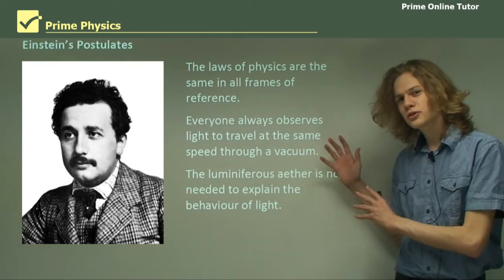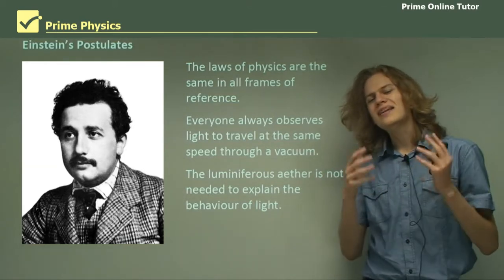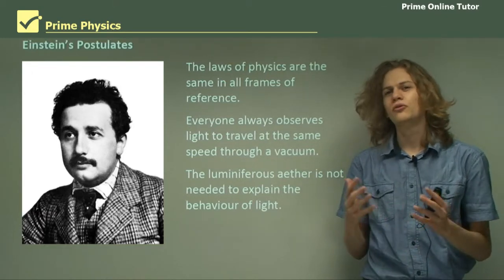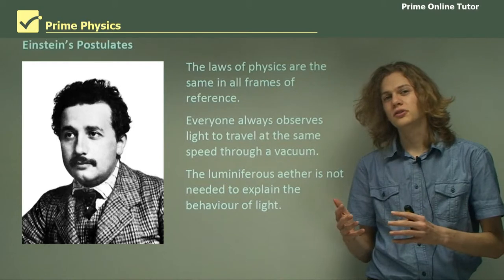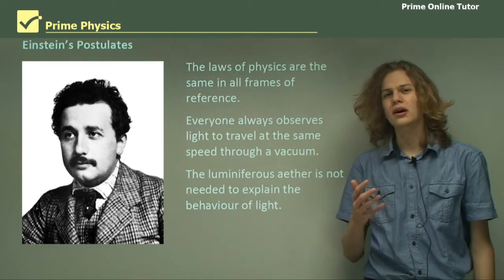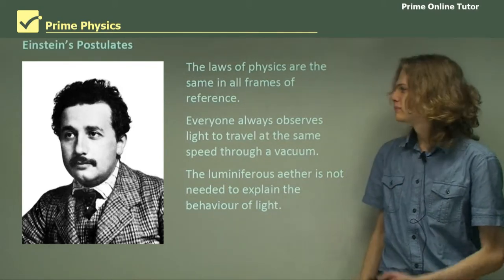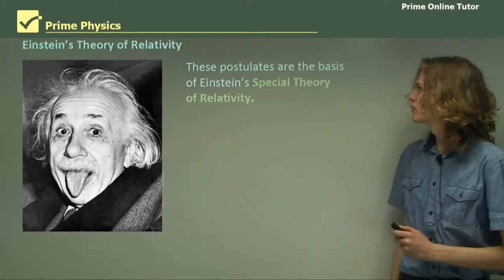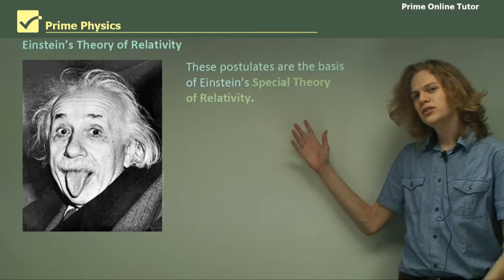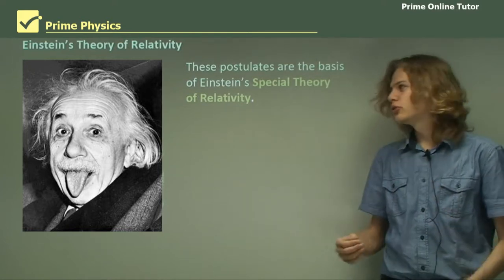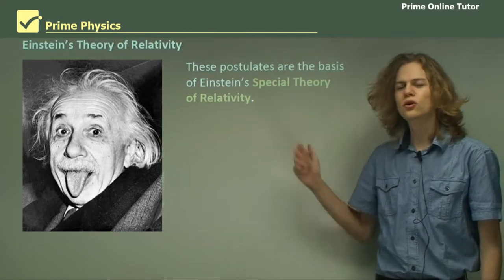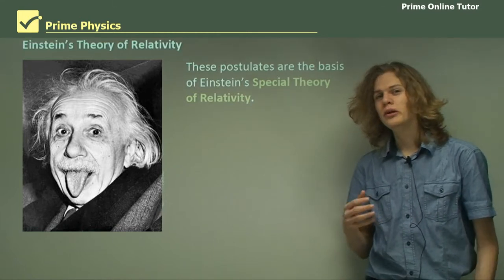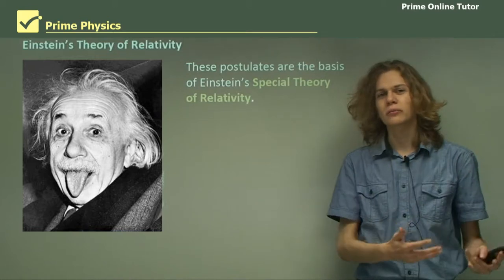So with these three postulates, these three base assumptions, you might say, Einstein was able to figure out his entire theory of relativity, which is able to predict very accurately how objects will behave at high speed. This set of rules and laws is called Einstein's special theory of relativity. There are a number of different parts to it, and we'll be going on to those in the coming lessons.